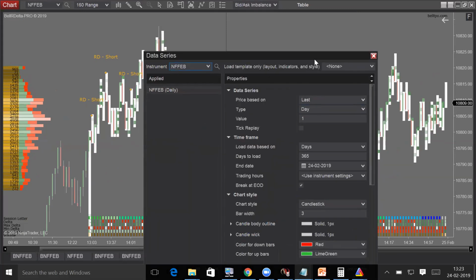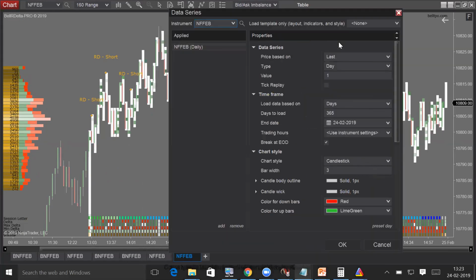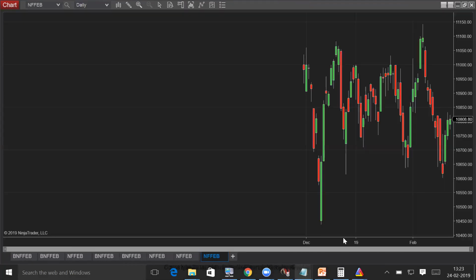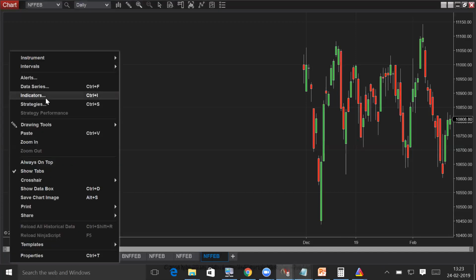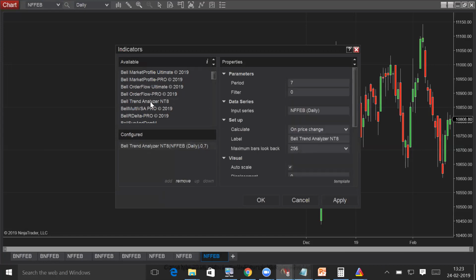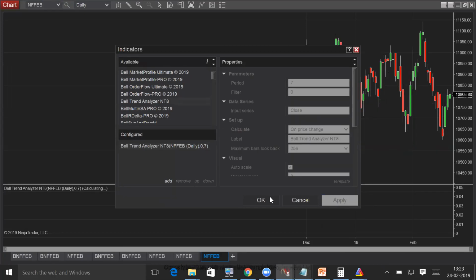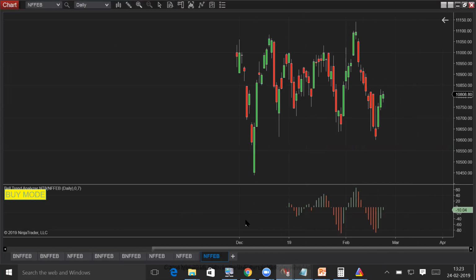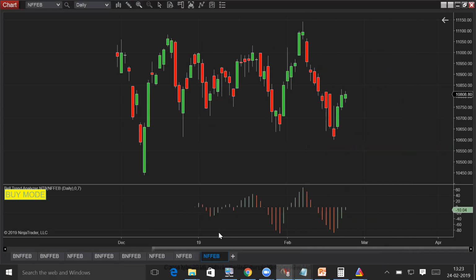Take a daily chart. Apply, press OK. Right click, indicators. Go and get Bell Trend Analyzer. Apply it. It is a smooth and responsive oscillator.